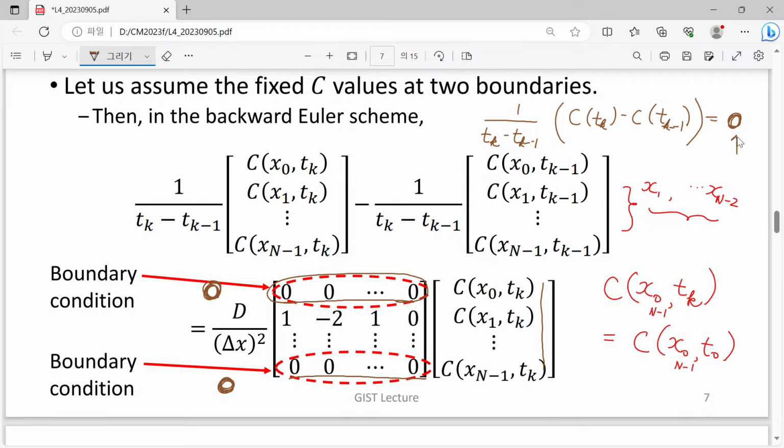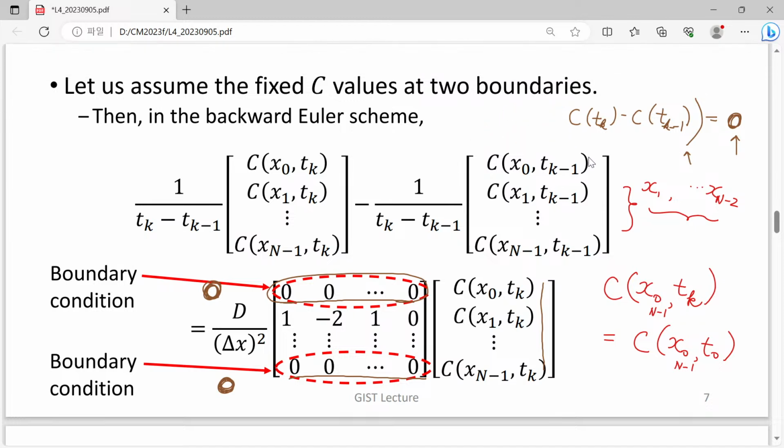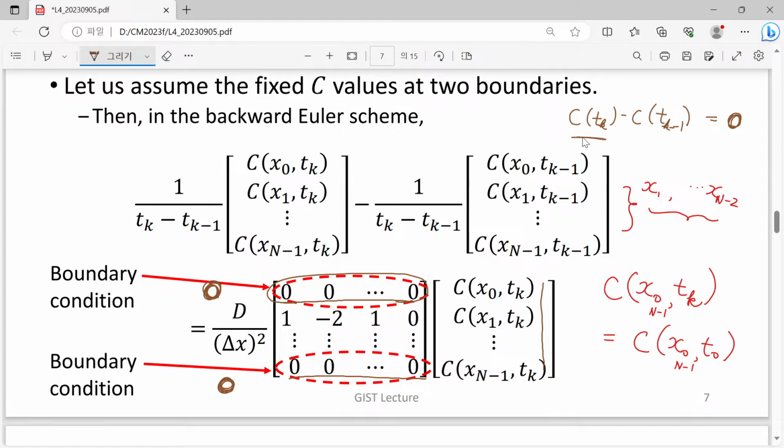This is the right hand side and this is the left hand side. Simply speaking, the boundary condition I have applied right now is that the difference between concentration at different time points is just 0.